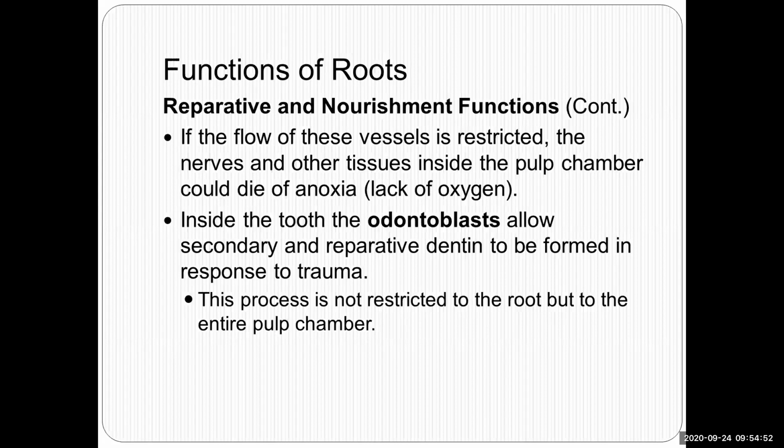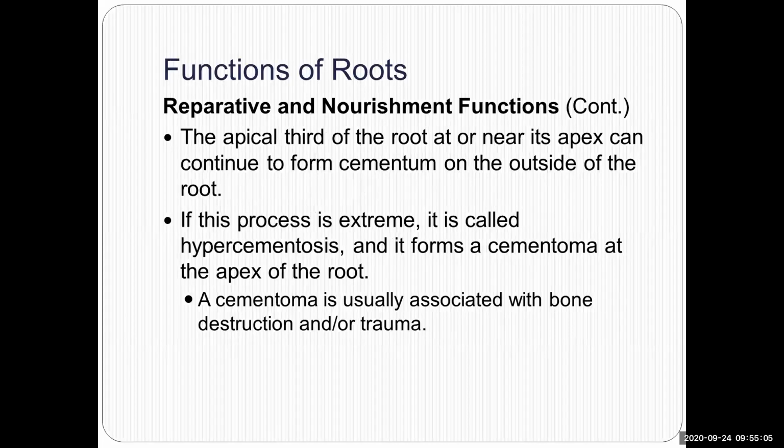Remember, on the outside of the root, you have your cellular cementum on the apical third, but we're talking on the inside of the root now. It's lined in odontoblasts. The apical third of the root at or near the apex can continue to form cementum on the outside of the root. If this continues to the extreme, it's called hypercementosis.